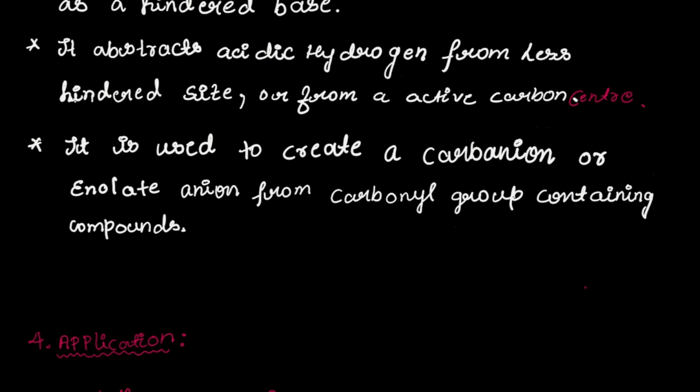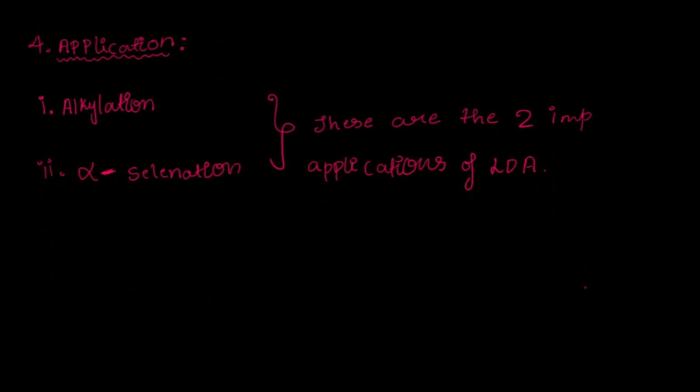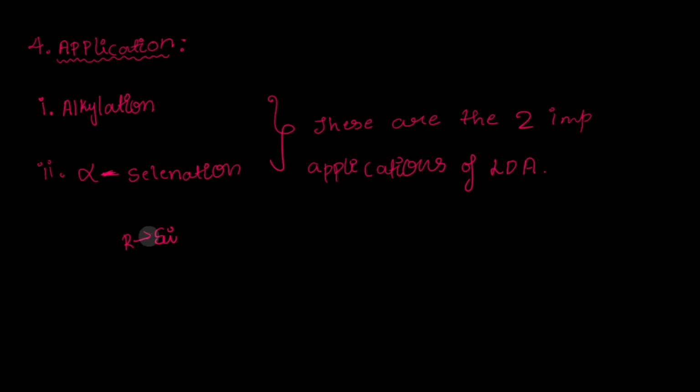So now let's look at the application part. There are so many applications of LDA in organic chemistry, but the two important applications of this reagent are, one is alkylation, that is nothing but addition of an alkyl group to our given compound, and the second one is alpha silylation or just silylation, which is nothing but addition of a silyl group to the given compound.